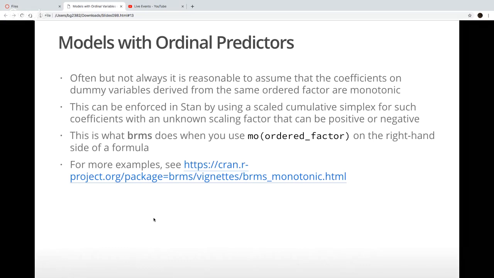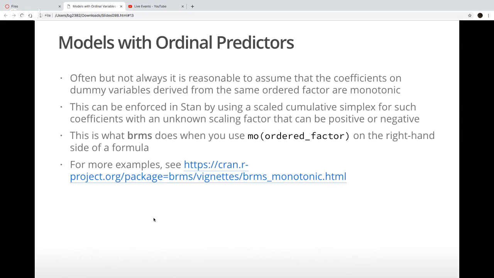At the base level, we have a simplex, values between 0 and 1 that sum to 1. The cumulative sum now makes this between 0 and 1 but ordered, and then it is multiplied by some scaled value, which can be either positive or negative.